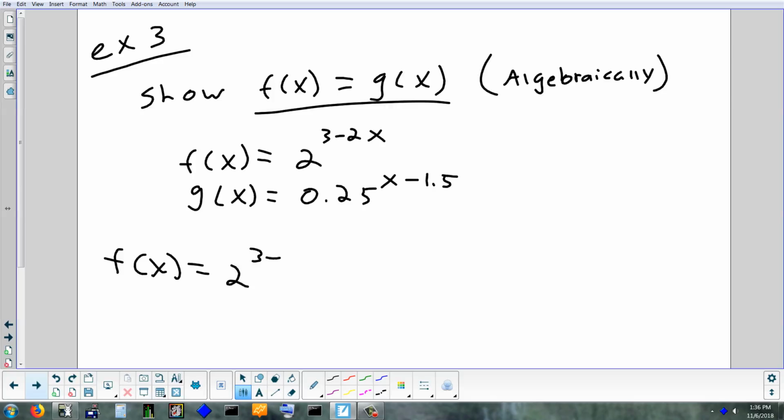So let's start with this. What's something I could do with the exponent on f of x to make it look a little more like the exponent on g of x? Something about those exponents that's very different if you look at the setup, like the format.